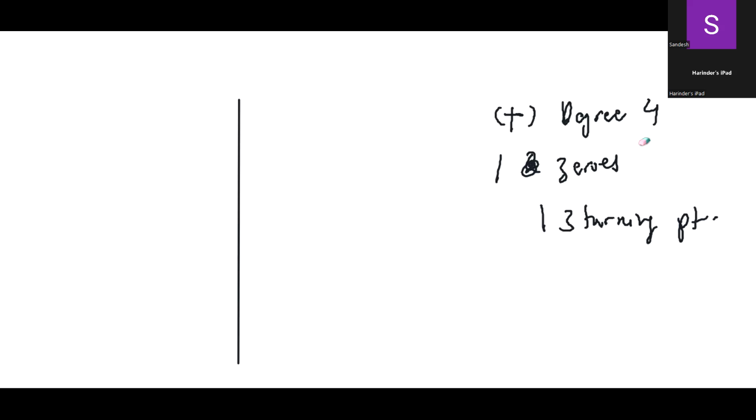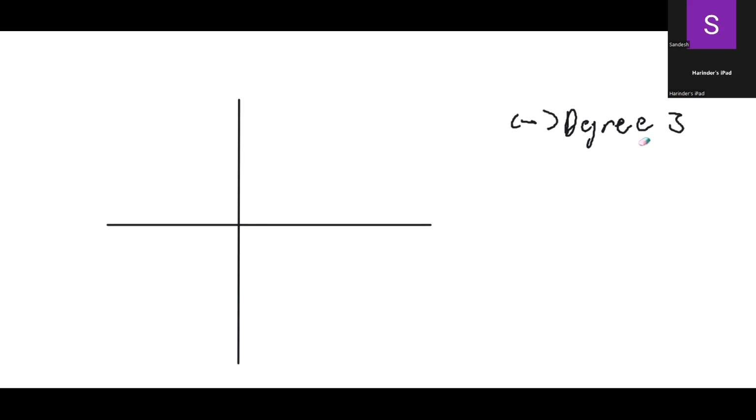Here, again, you're going to have to think, because it is tricky, I'm not going to lie, but sometimes you have to think outside the box. Here's one more. Degree 3, negative leading coefficient. It has 1 zero, and it has 0 turning points.